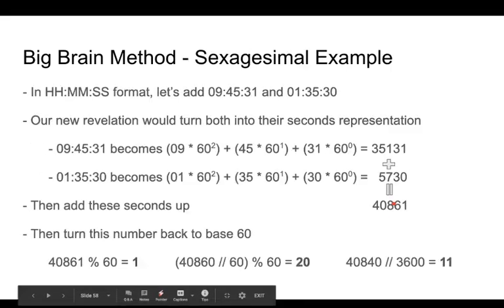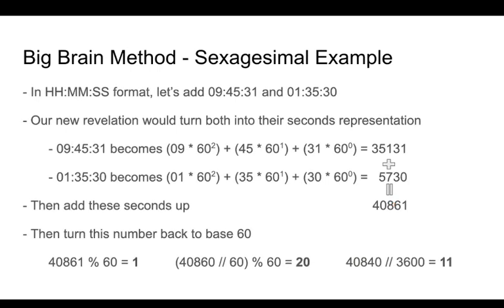So making use of this observation, here's a similar example from before. You have 9 hours, 45 minutes, 31 seconds, and we're trying to add on an hour, 35 minutes, and 30 seconds. So there's two examples of carrying.